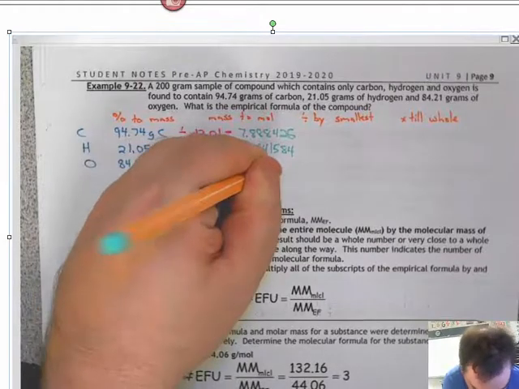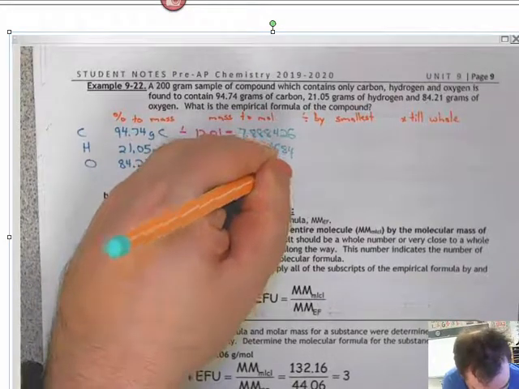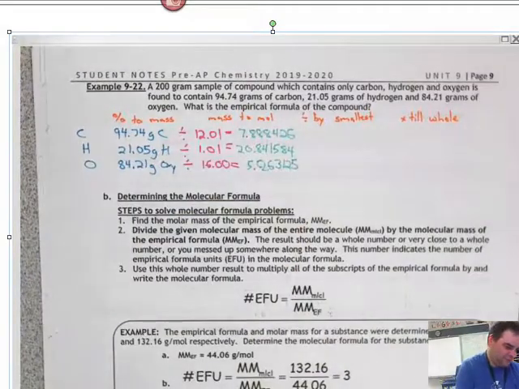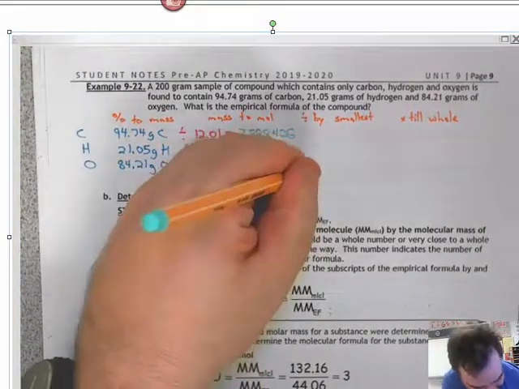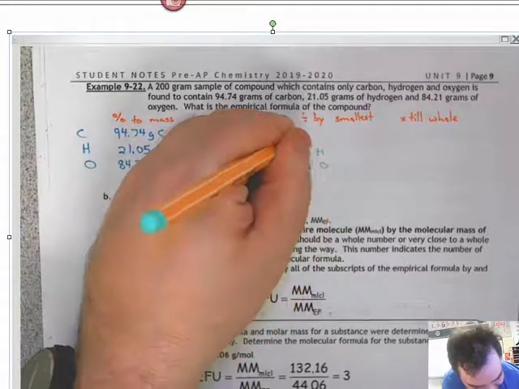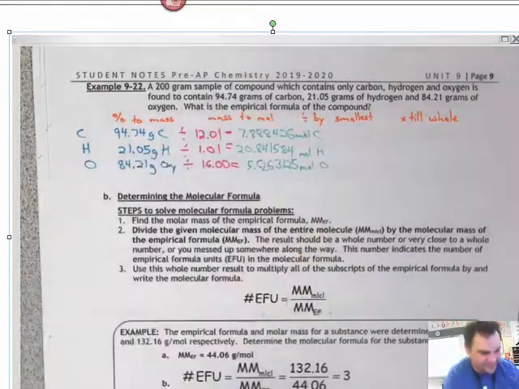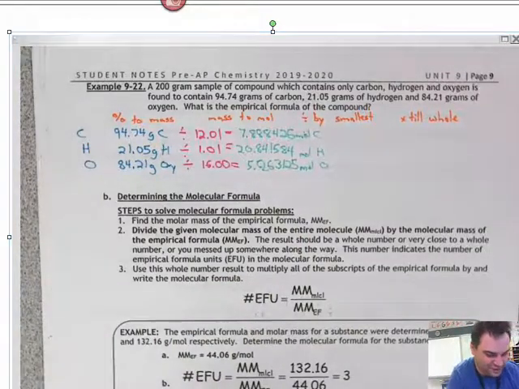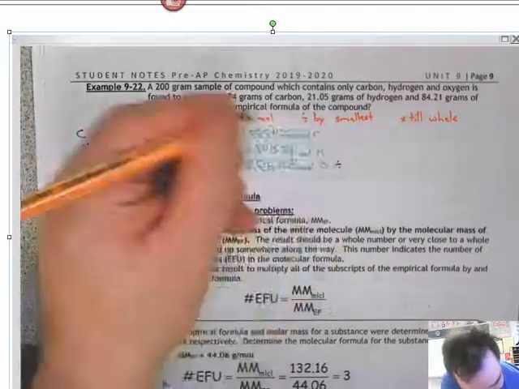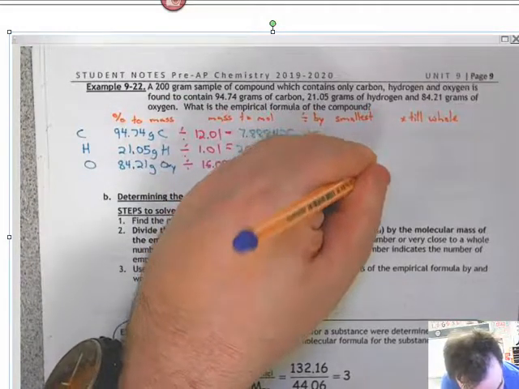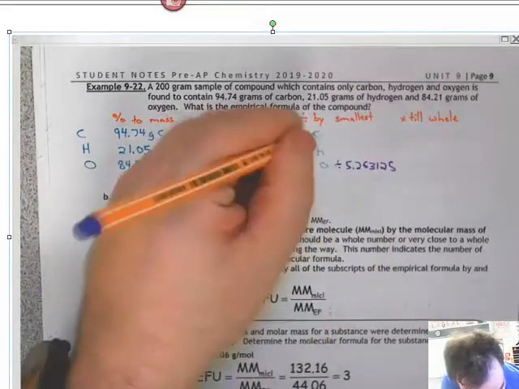I gotta copy the number right: 5.263125. This is the moles of oxygen. This is the moles of hydrogen. This is the moles of carbon. Okay, now we divide by the smallest, which would be 5.263125.